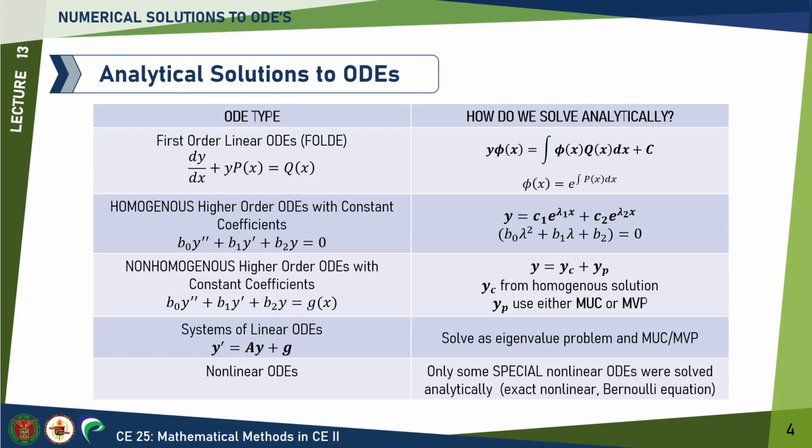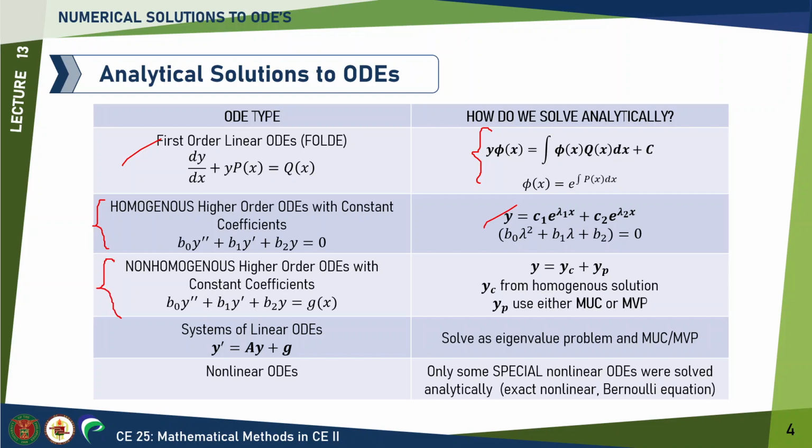We know that the method to be used is dependent on the ODE type. For first-order ODEs, we use these. For homogeneous higher order ODEs with constant coefficients, we have the characteristic equation.